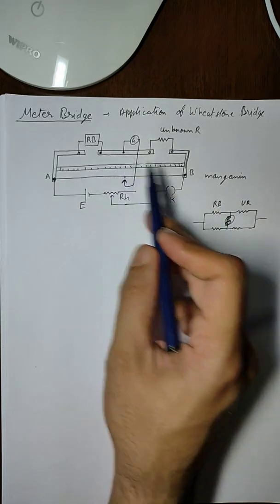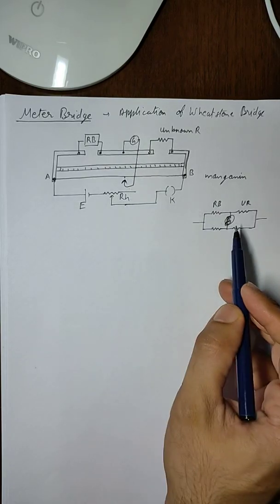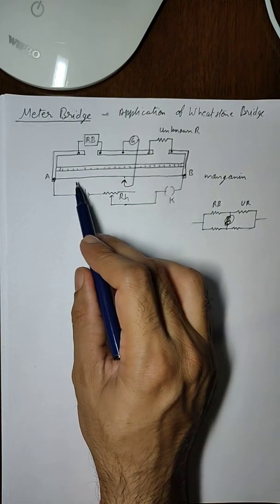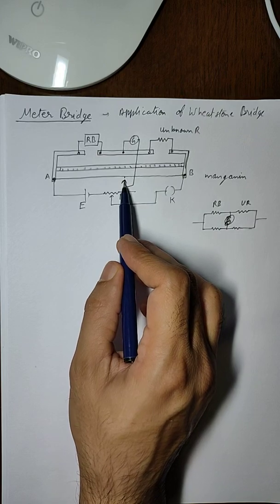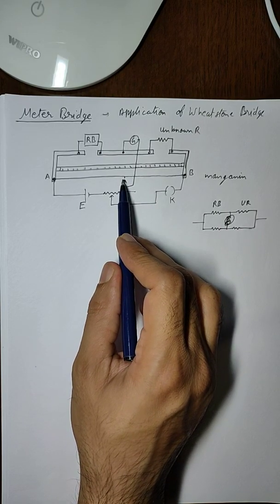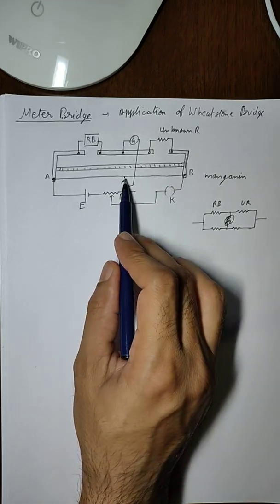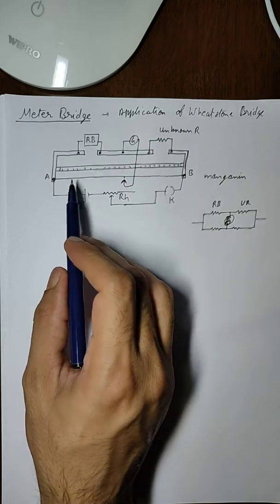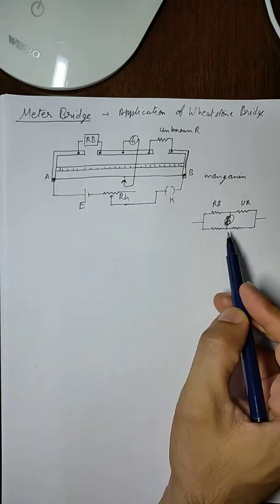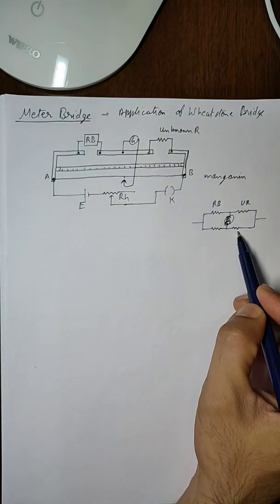If this key is pressed at this point, then this conductor is divided into two parts, from A to this point and from B to this point. That means the resistance from A to this point can be represented by this, and the resistance from B to this point can be represented by this.